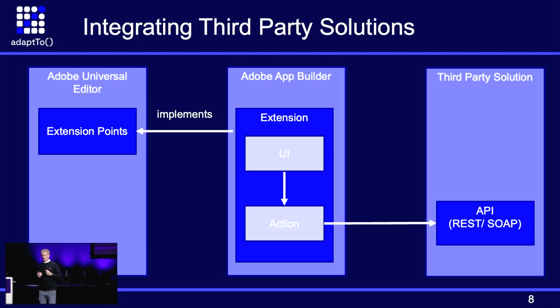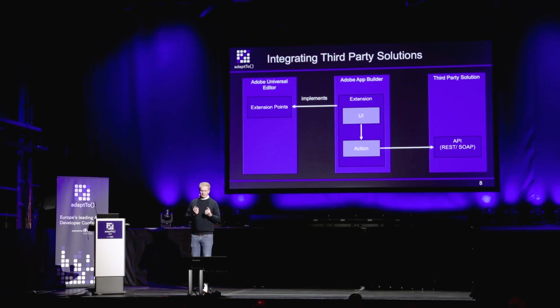They have not only the possibility to host your UI in the extension, but you can also host your actions. Actions are basically microservices, or serverless application functions running inside of App Builder. And you can call them via a REST API, or even call them via a cron job or something like that.